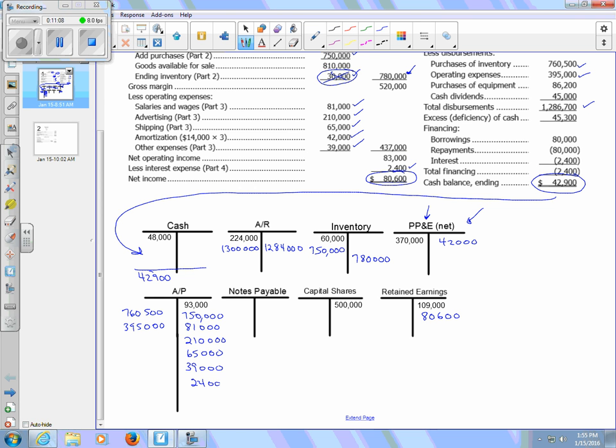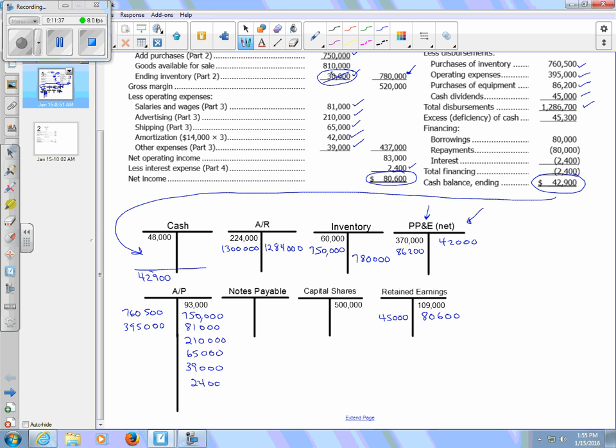So we're going to put the $86,200 in property, plant, and equipment. And the cash dividends affects retained earnings. So $45,000 comes out of retained earnings. So we get that one.